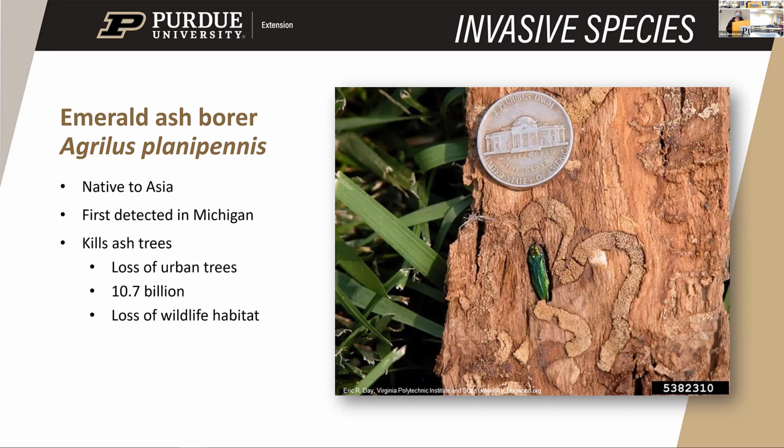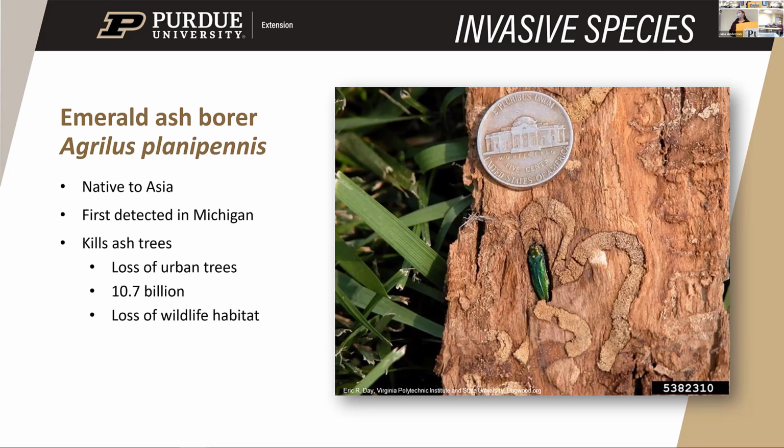So another insect or a bird would have been its natural predator. The only other thing I can think of is some type of fungal or enzyme thing that the tree can do, but I'm not sure about that. Whatever helps control it in Asia, our stuff just doesn't have the ability to control it.